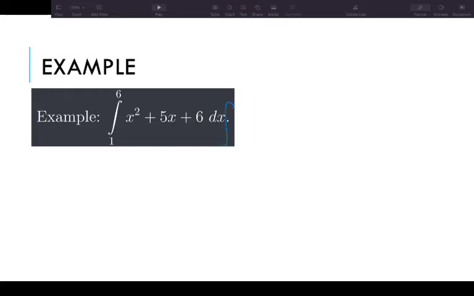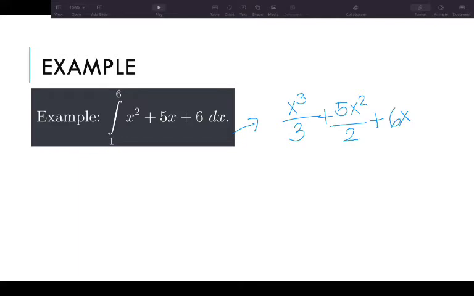So we have x squared is x cubed over 3, since we just add 1 to the exponent, then the resulting exponent is divided on the integrated term. x cubed over 3 plus 5x squared over 2 plus 6x over 1, which is just 6x.